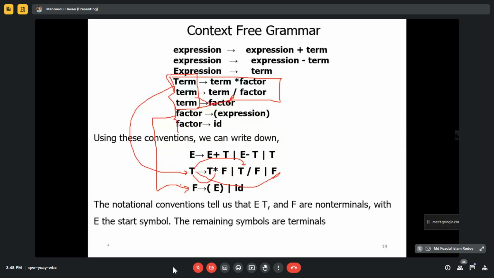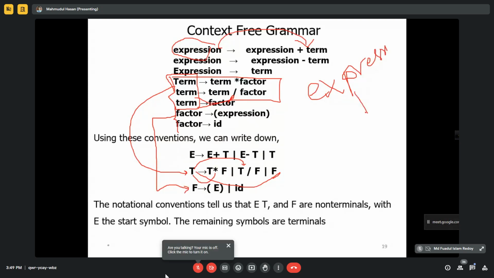Here one thing is important. You can replace a non-terminal with a terminal or non-terminal. Suppose there is expression; you can replace this expression with expression plus term.